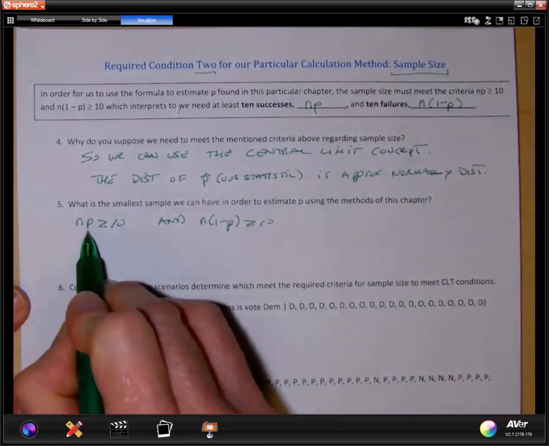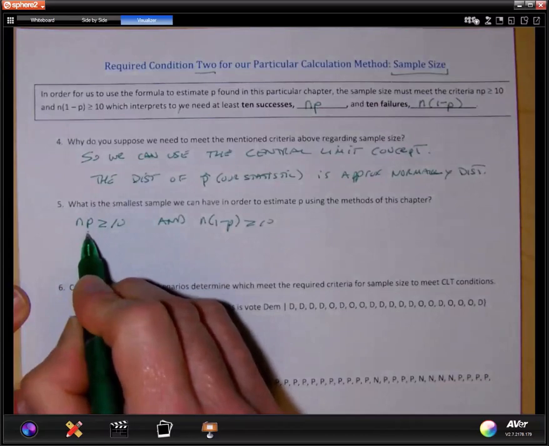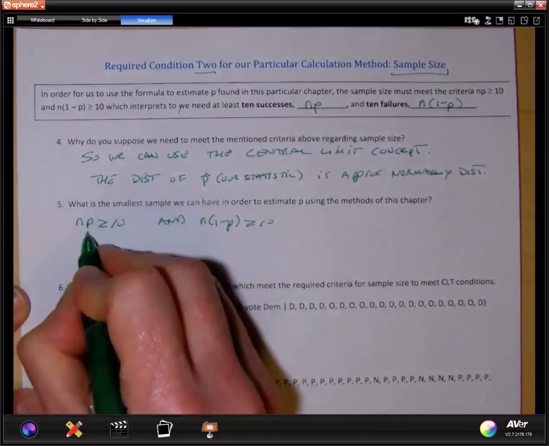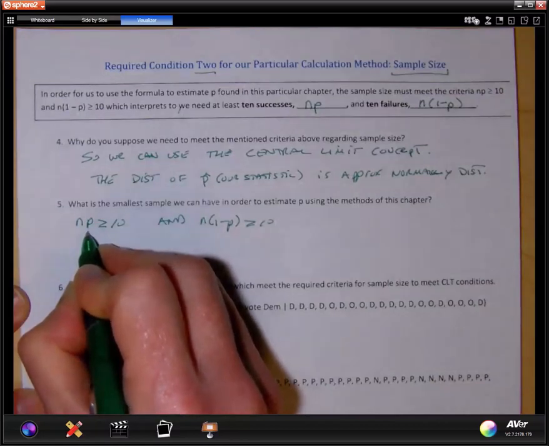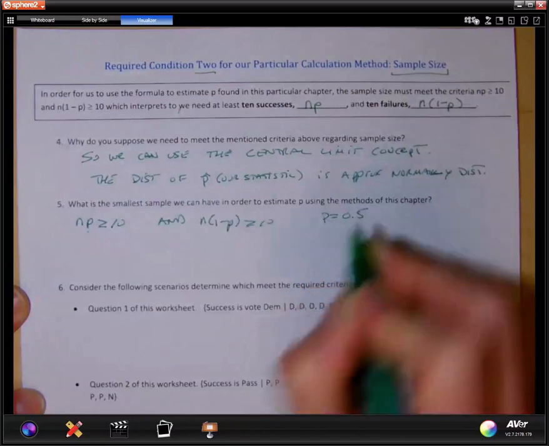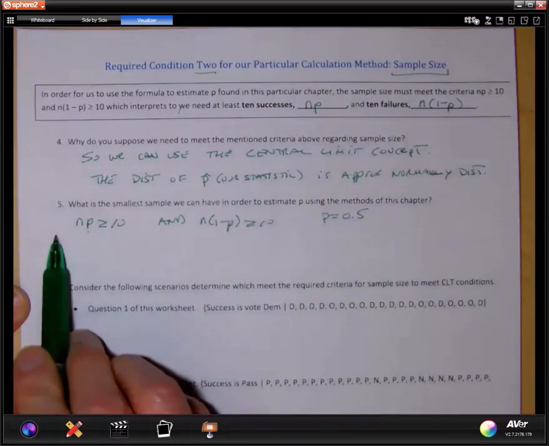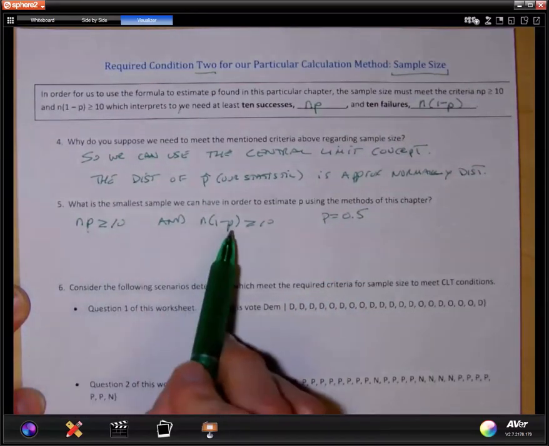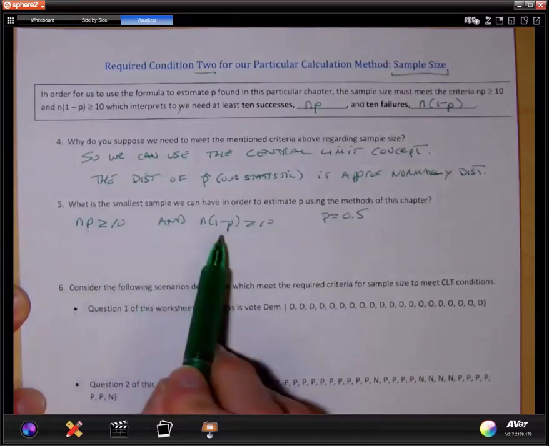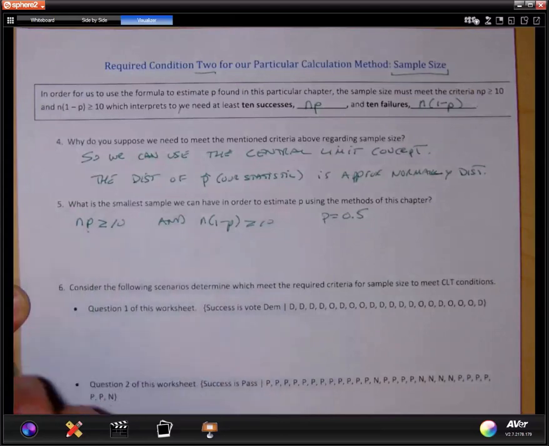So p is the true population parameter, and the worst, the one that has the most variability, occurs when p is equal to 0.5. As soon as we go towards 0 or 1, all of a sudden everything lumps into one side or the other, the success side or the failure side, which means achieving the 10 gets worse.